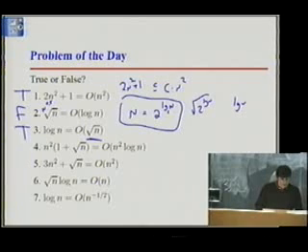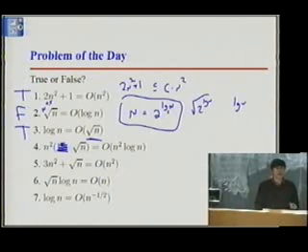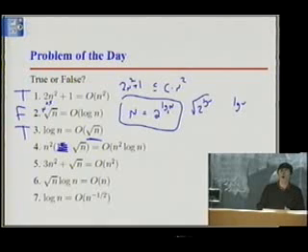Next one, I've got n squared times 1 plus square root n, versus n squared log n. What would I do with this? Well, the first thing I would note is n squared times 1 plus square root n. I might as well get rid of that 1, since 1 plus square root n is big O-wise the same as square root n. Does everybody see that?